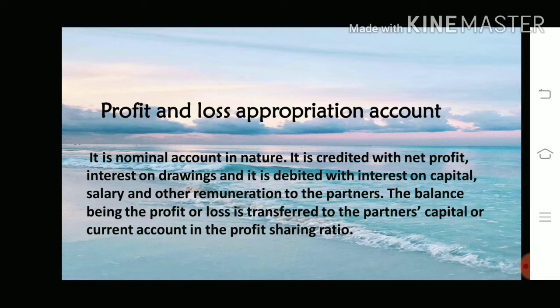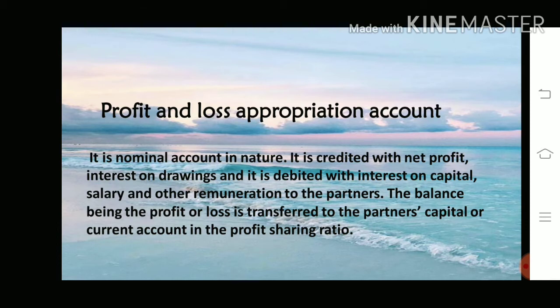So students, on the debit side, interest on capital, salary, and other remuneration will be shown in the profit and loss appropriation account, and on the credit side, net profit and interest on drawings will be shown. The balancing figure, the net result, will be shown on the debit side, meaning sharing of profit.